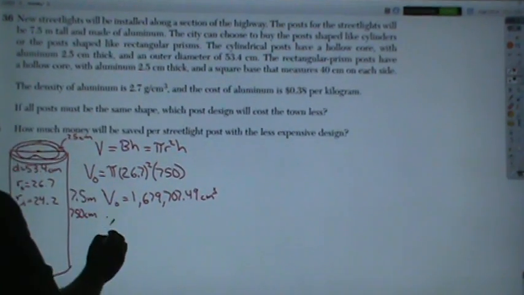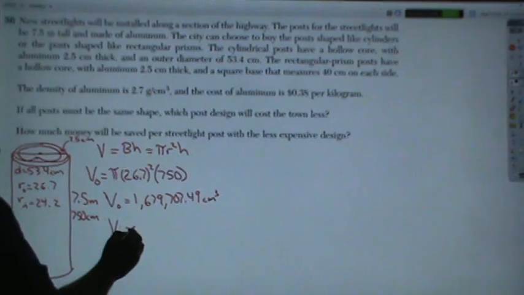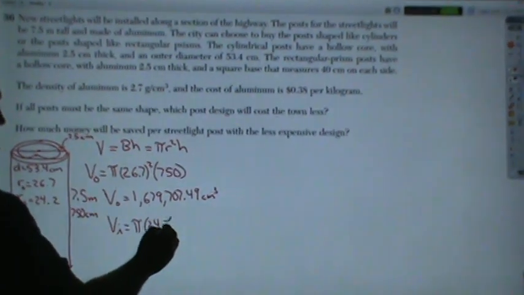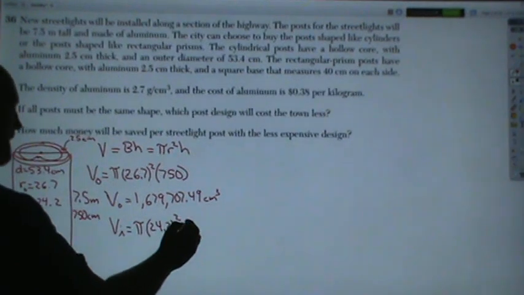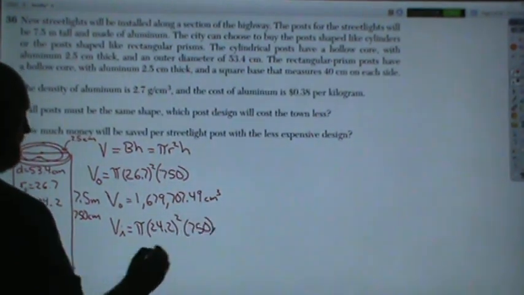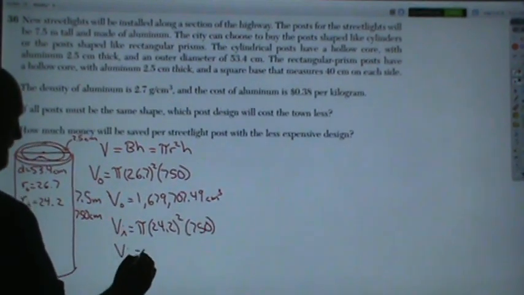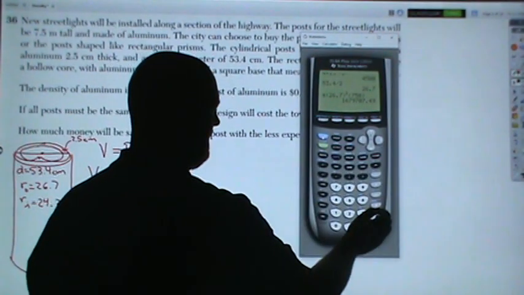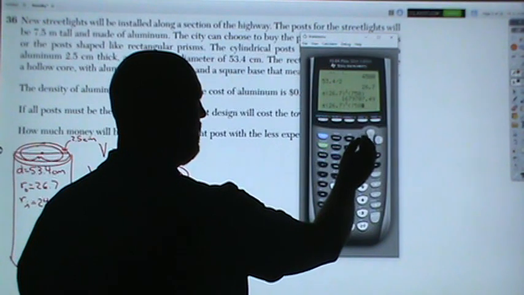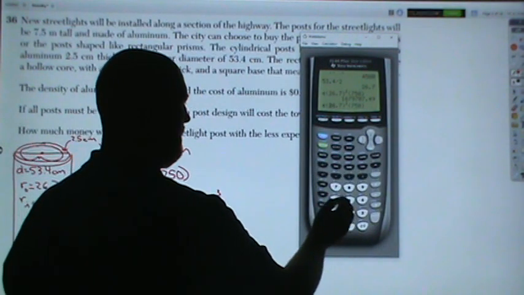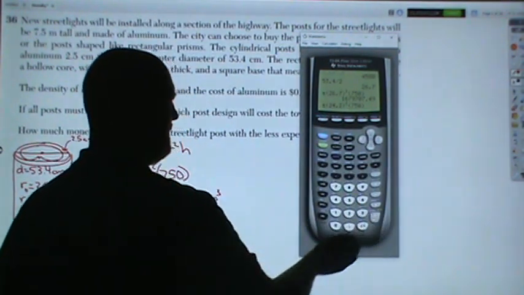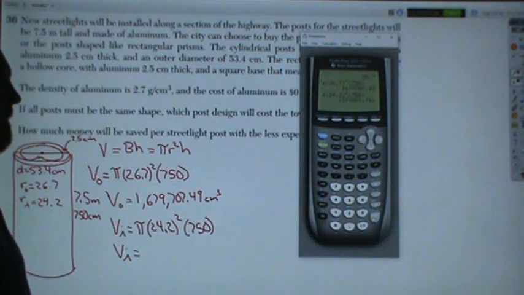For the inner volume, I'm going to have pi times 24.2 squared times 750. So on the calculator, I can type second entry because the only thing that's changing is the radius. I'll put in 24.2, the 750 stays, the pi stays.